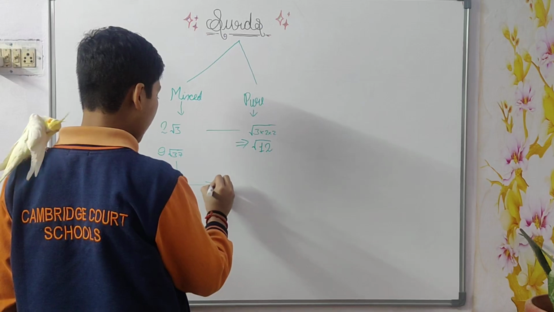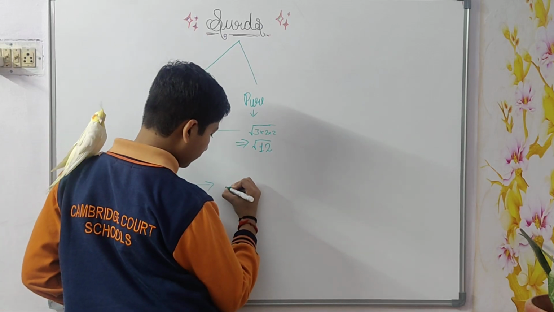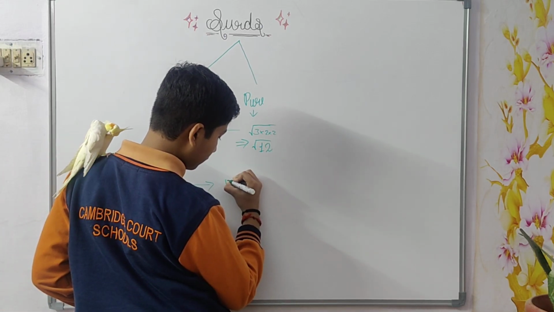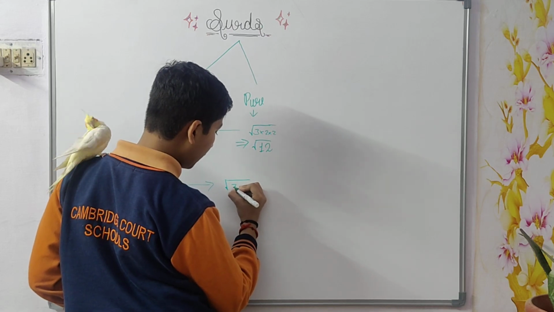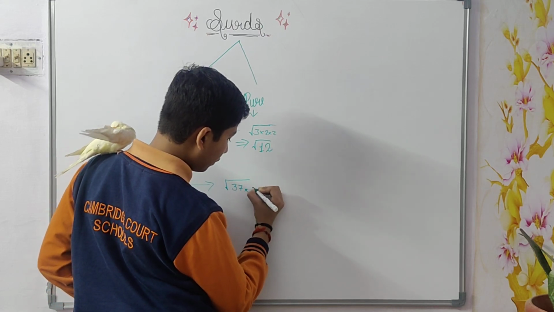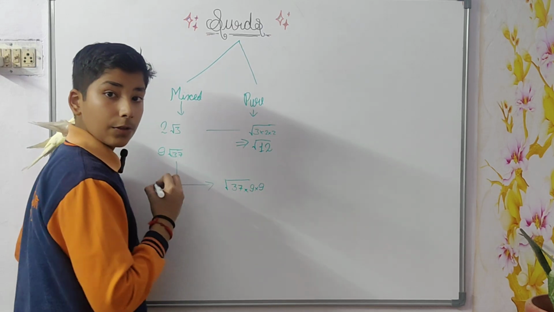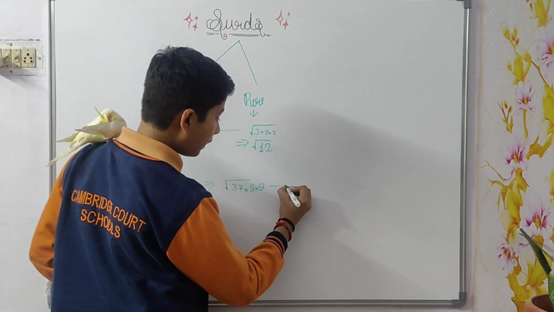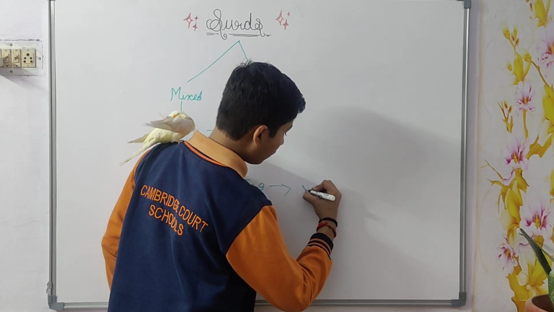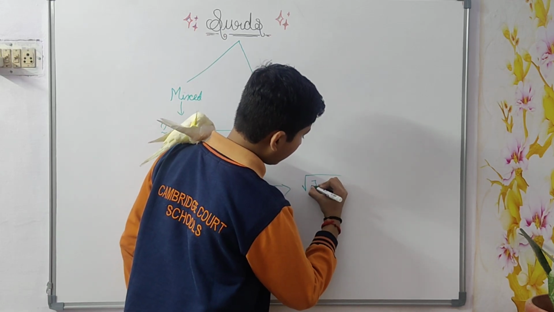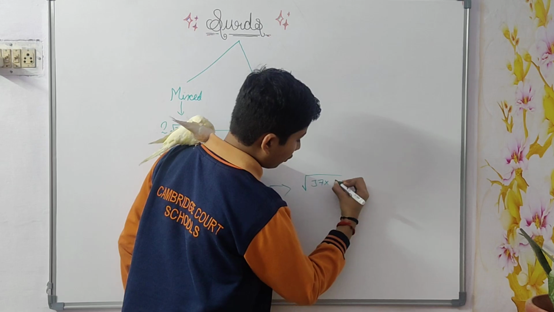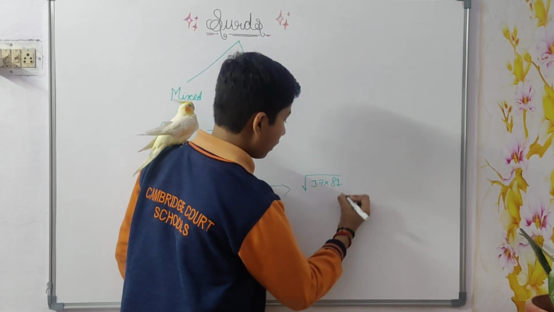Now, same way 9 root 37. It will be written as root 37 into 9 into 9, which will be further written as root 37 into 81.